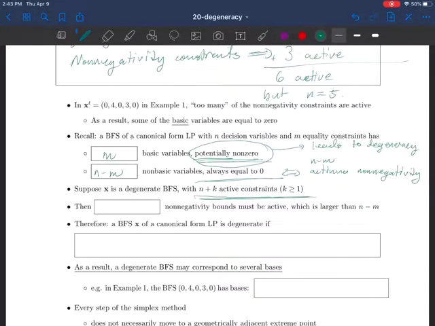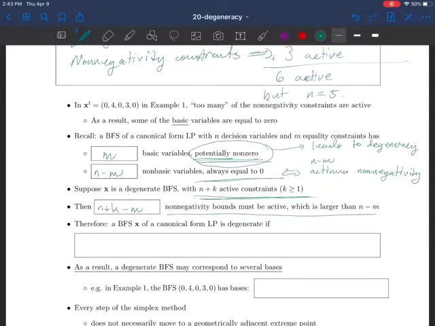So if it's a degenerate basic feasible solution with n plus k active constraints for k greater or equal to 1, then what that means is there have to be n plus k minus m non-negativity bounds that must be active, which is larger than n minus m.